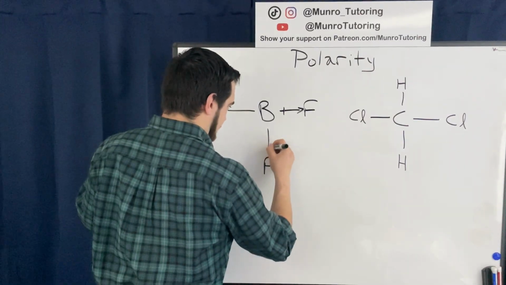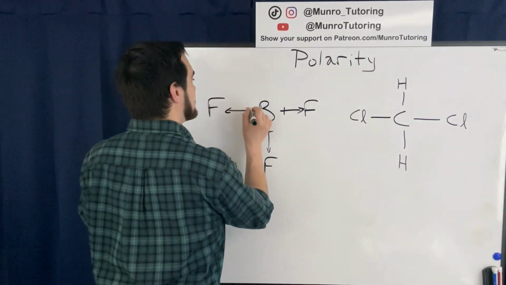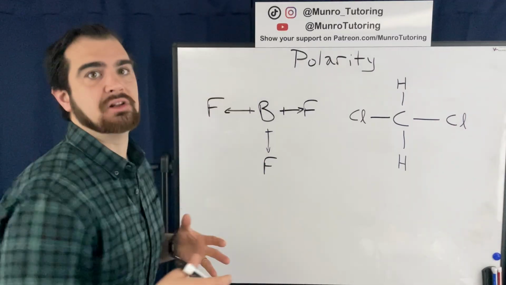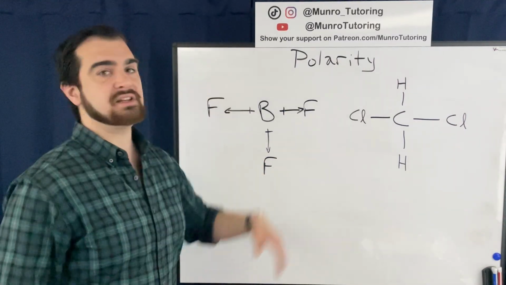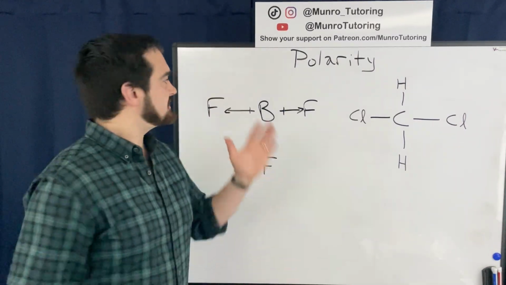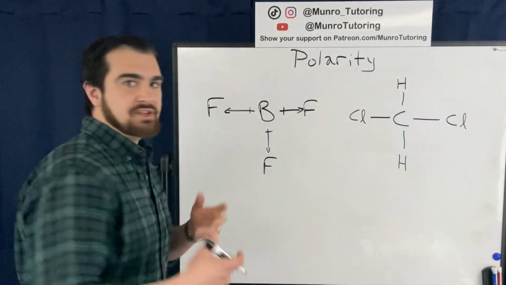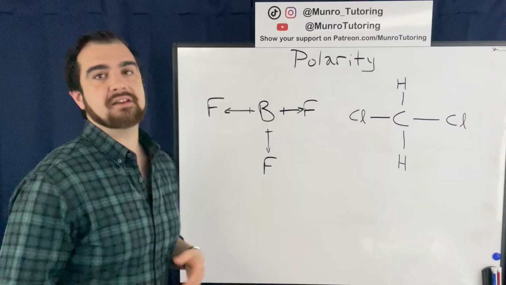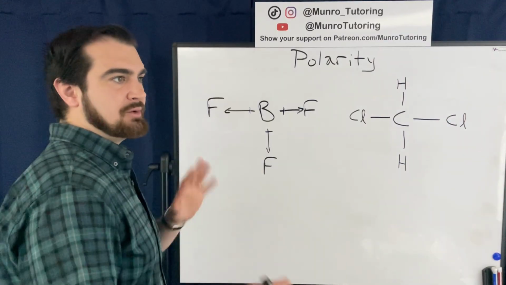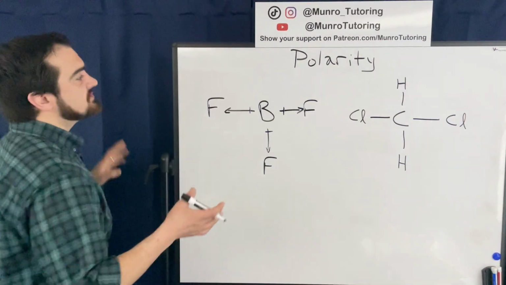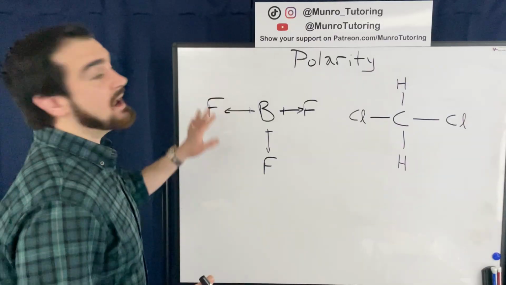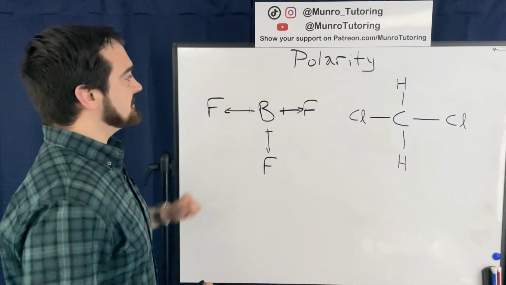And that's going to be, of course, true for the other two fluorines. And by the way, I'm not drawing the lone pairs on the terminal atoms here. Only the lone pairs on the central atom really matter for this lesson, okay? So we can just assume that all of these elements out here have an octet, but we don't want to make this too busy, okay?